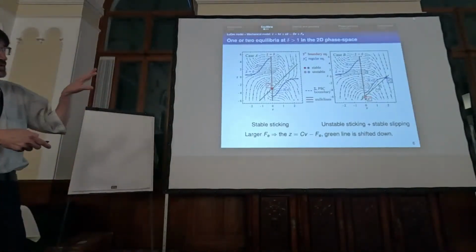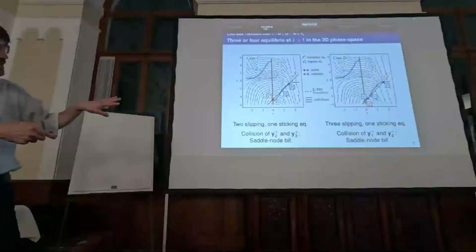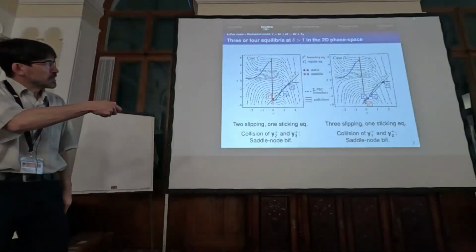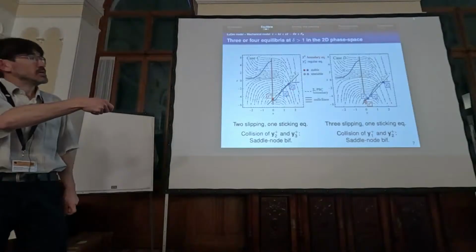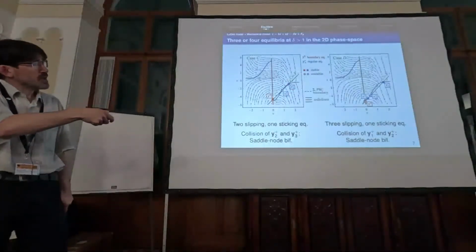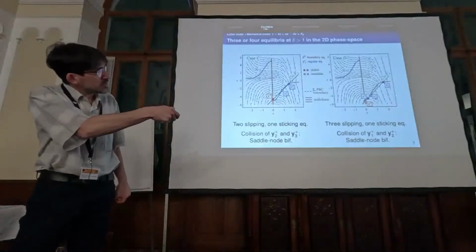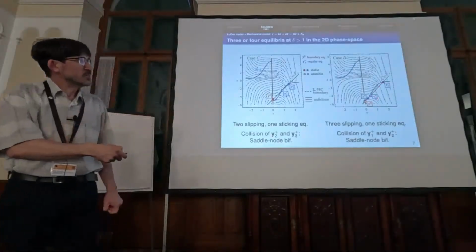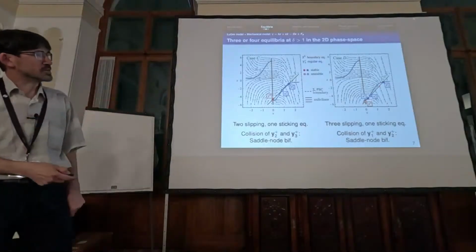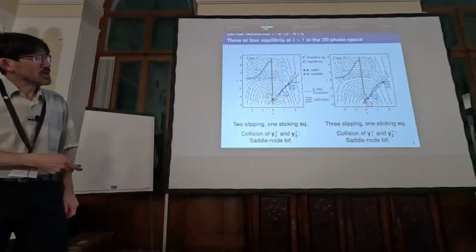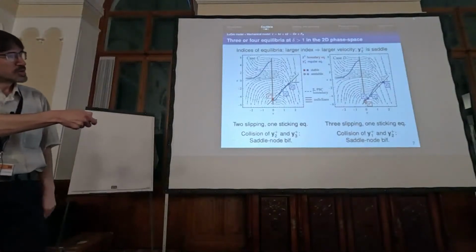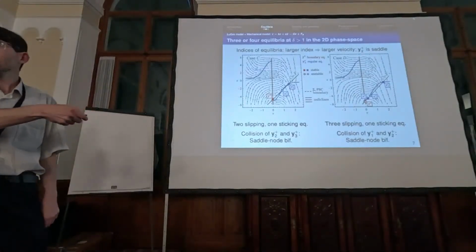But the intermediate cases are more interesting, since it can happen that 2 slipping equilibria occur, plus a sticking equilibrium. Or it can even happen that we have 3 slipping equilibrium points and an unstable sticking equilibrium. Since there are so many equilibria, we denoted them according to the velocity.